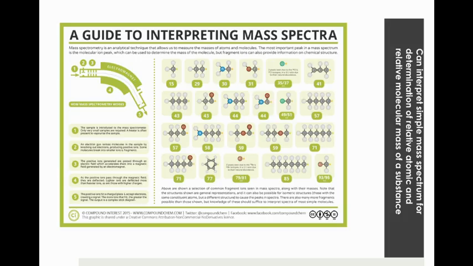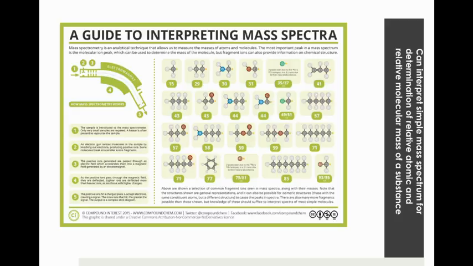Another of the assessment criteria is to be able to interpret simple mass spectrum. In order to do that, you must understand how a mass spectrometer works. If you look at the left side of this slide, you will see the 5 basic parts of a mass spectrograph.